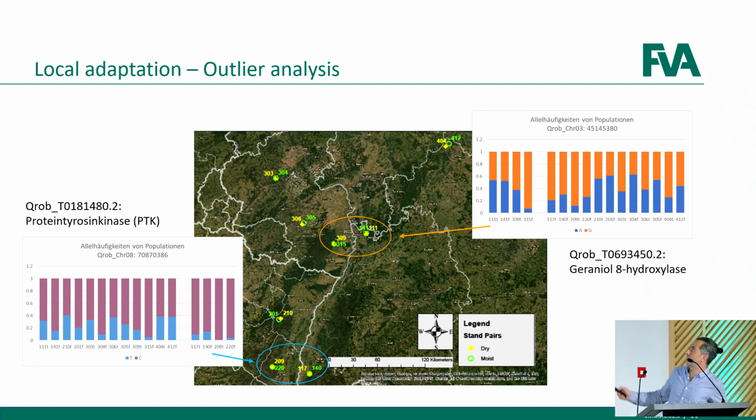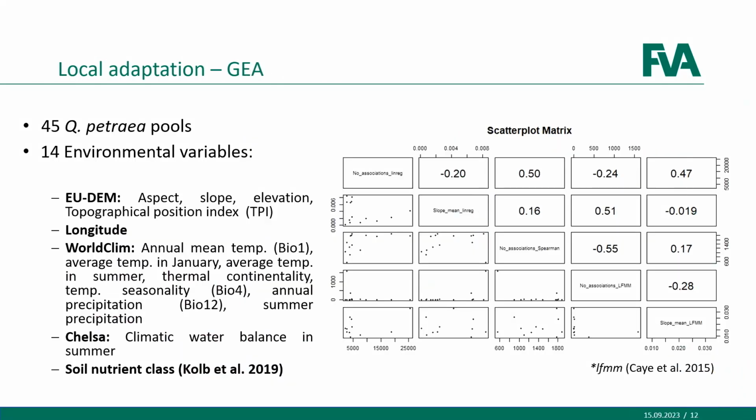And this is the case also for the other SNP residing within a genome area encoding geraniol 8-hydroxylase, a secondary metabolite. So I have to speed up.